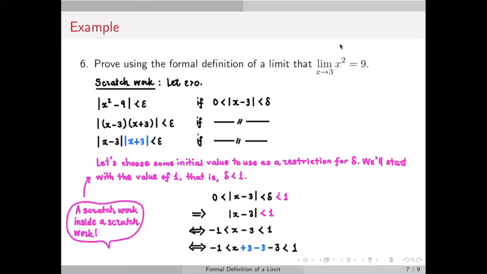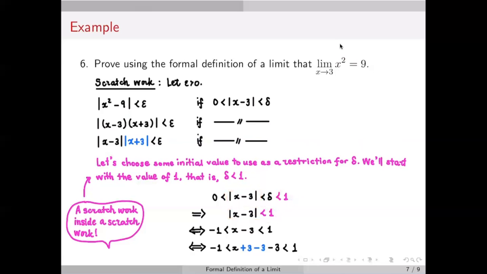Notice we have a footnote here, a scratch work inside a scratch work, the pink one. We take this one here and modify it for the meantime. We have this condition or hypothesis, and we want delta to be less than 1. By transitivity, this one would be less than 1.